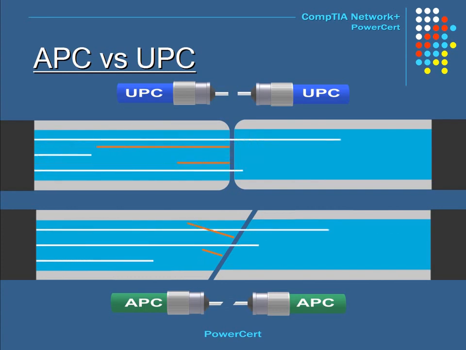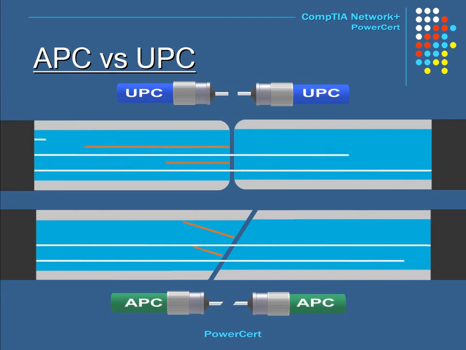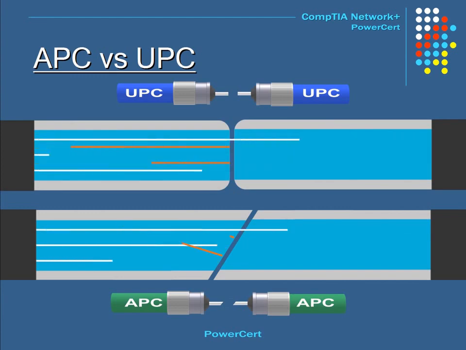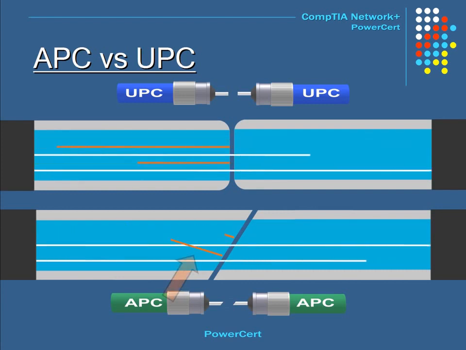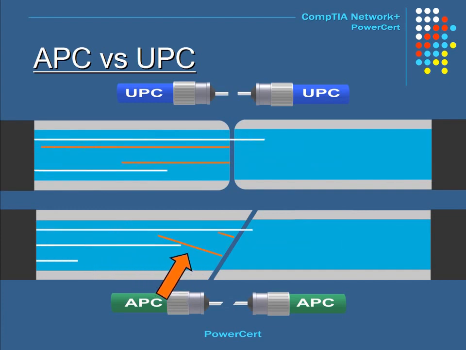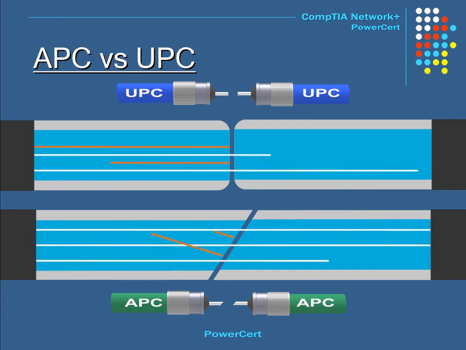With the UPC, the light reflects back towards the light source. But with the APC, with its angled connection, the light doesn't reflect back towards the light source. It reflects back at an angle into the wall of the cable. And as a result, this greatly reduces the signal loss.